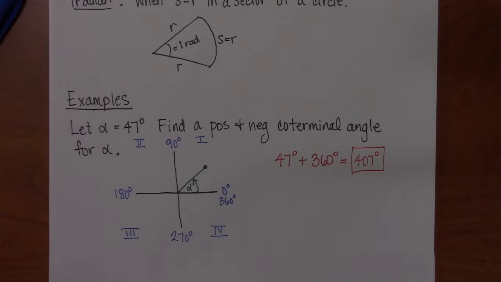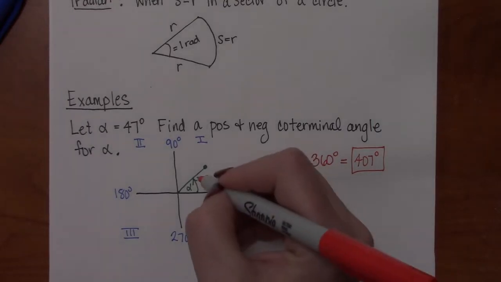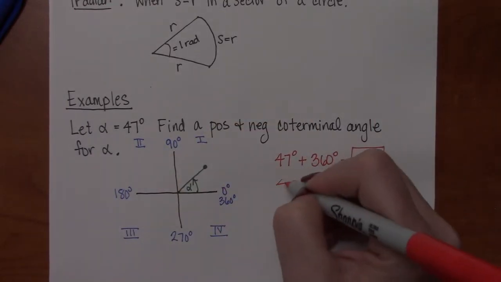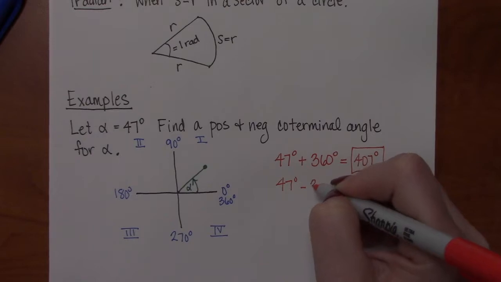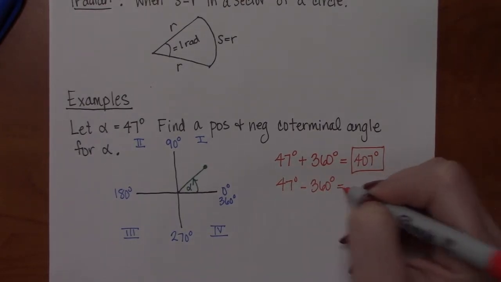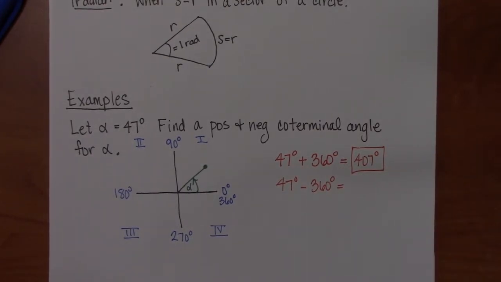If I then start at that terminal side and go in the negative direction until I hit it, that means we're traveling clockwise around, and so those are negative angles, so we subtract 360.